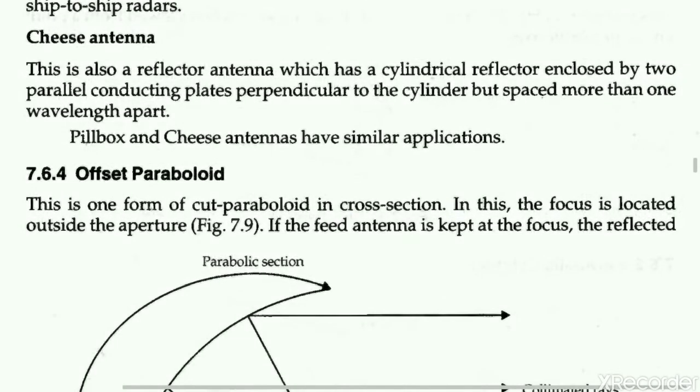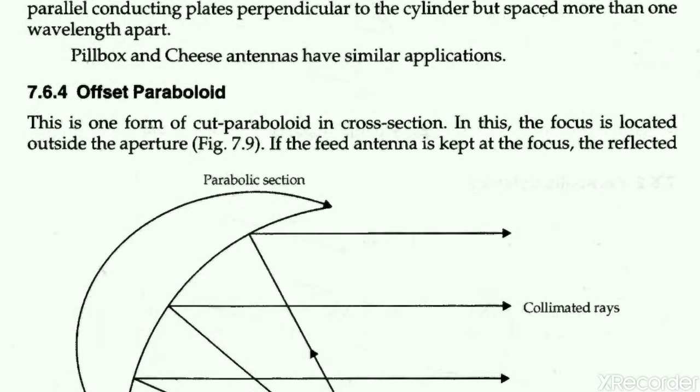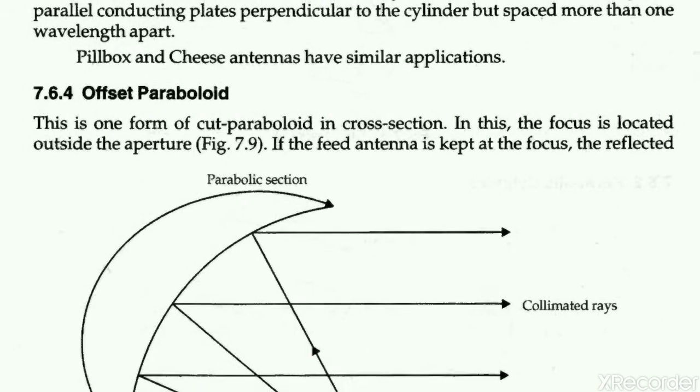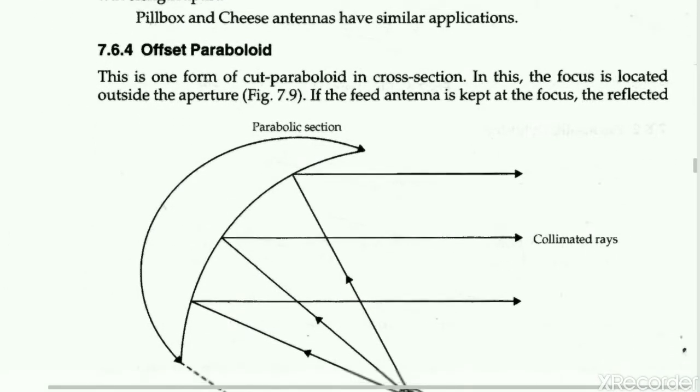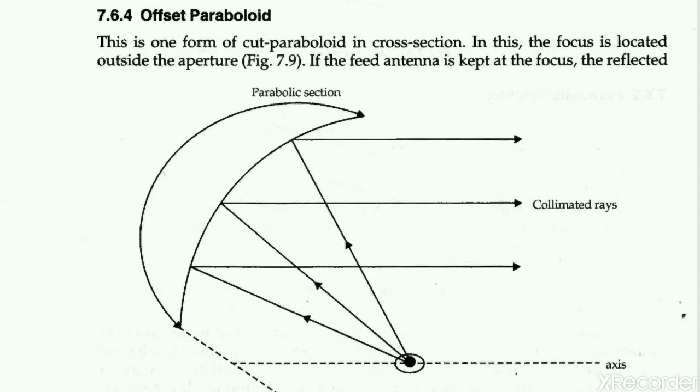Let's go to the next, that is the offset paraboloid. One can see the basic geometry of the offset paraboloid reflector. This is one form of cut paraboloid in cross section. In this, the focus is located outside the aperture.